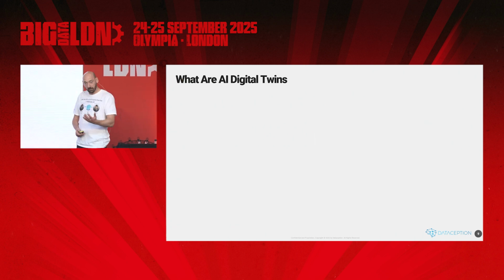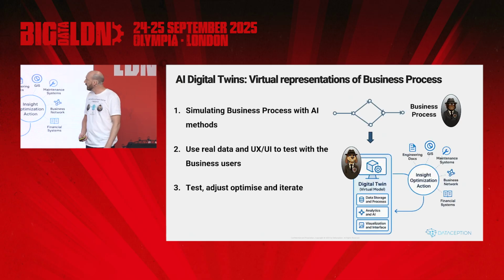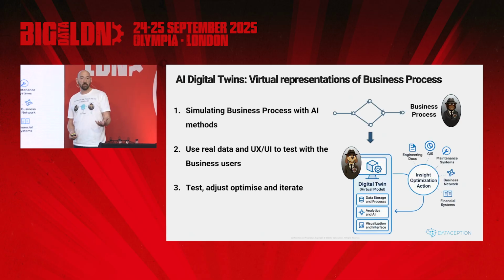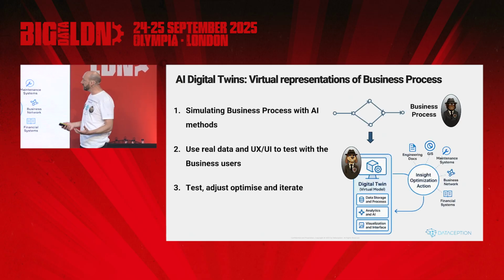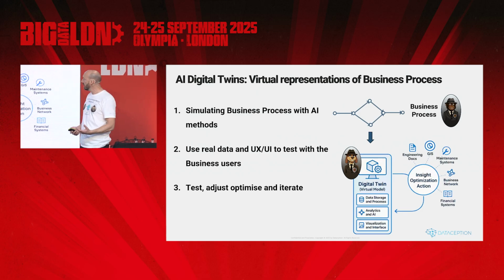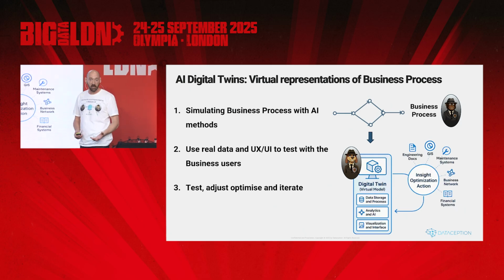So now we know what DOGs are, we know what Agent Ape does. What are digital twins? Again, we talked about manufacturing digital twins, which are simulations of generally physical processes. An AI digital twin is basically a simulation of a business process. It could be any business process. It could be your customer journey. It could be optimizing your supply chain. It could be any kind of credit scoring mechanism, that sort of stuff.